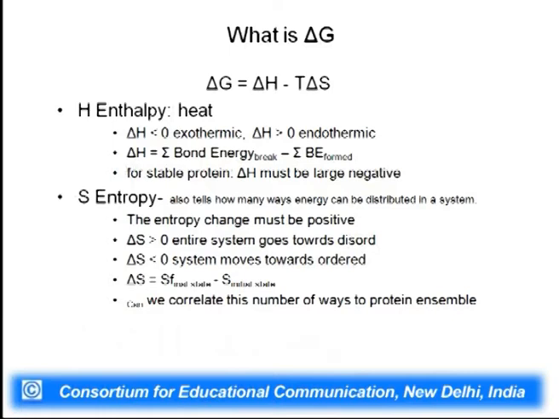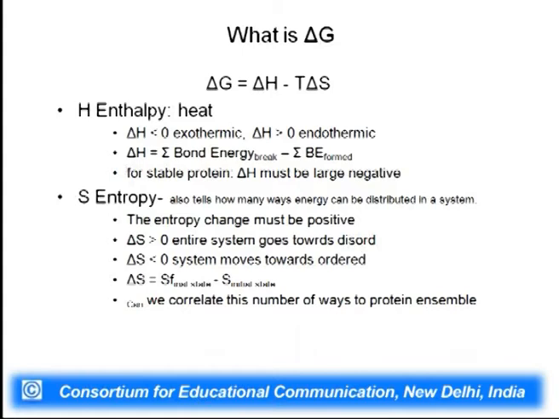But right now we are talking about all those non-covalent and the disulfide bonds which contribute to the enthalpy. So, for any stable protein, delta H must be large negative, and what we want here, delta H is going to be exothermic. We would prefer it to be an exothermic enthalpy.